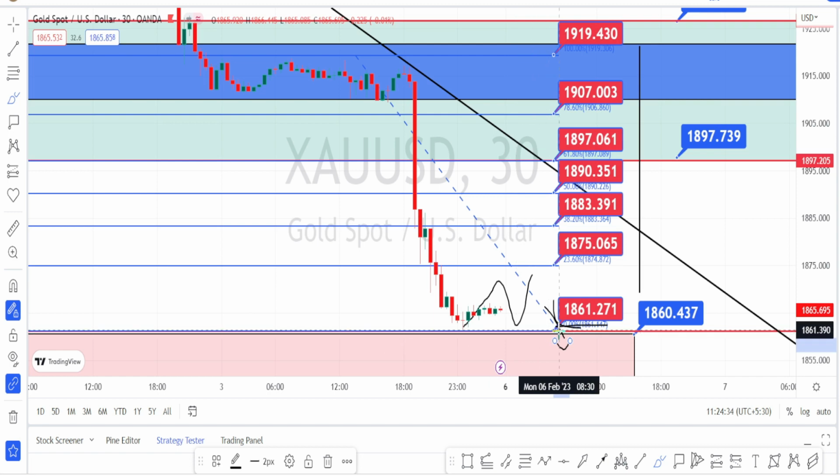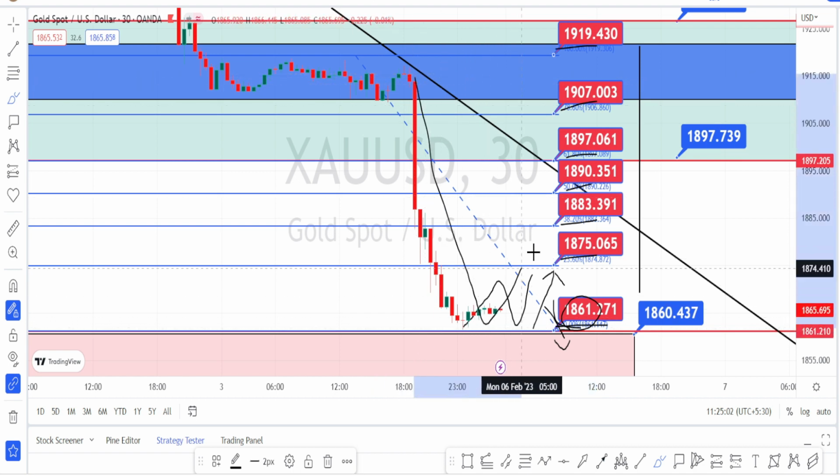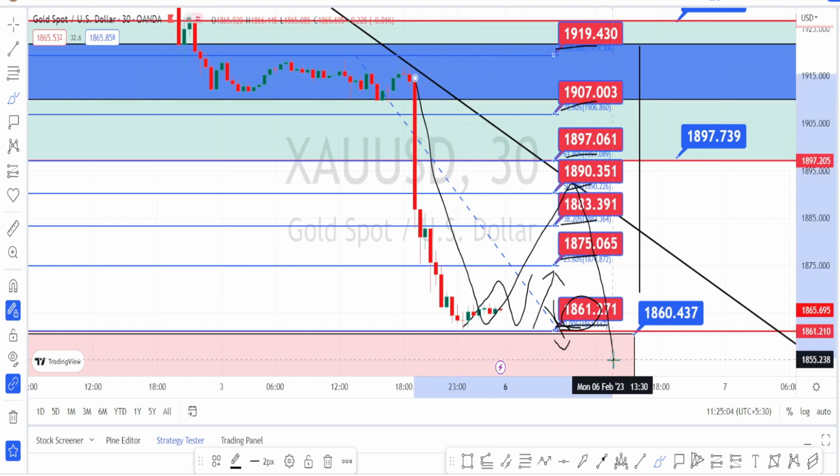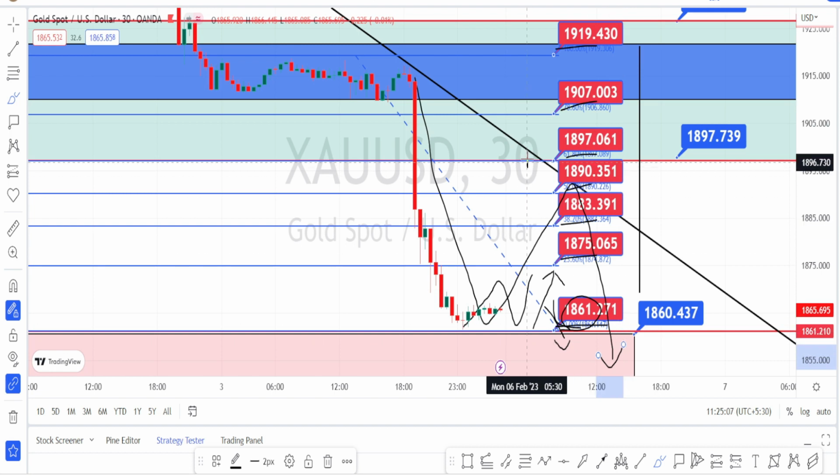And if the price action takes support around the support level of 1861 and bounces back on the bullish side retracement, the immediate resistance for 30 minutes time frame is going to be around 1875, 1883, 1890, 1897, 1907 and 1919. And the current trend of the price action in 30 minutes time frame is also in a bearish trend for now, as long as it is trading below this resistance line from the hourly time frame.